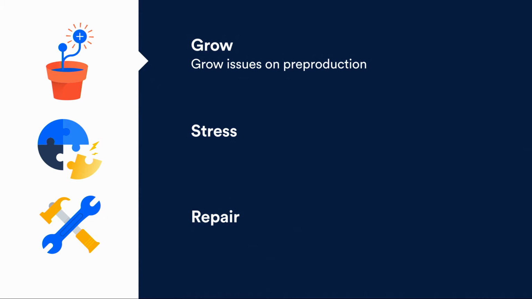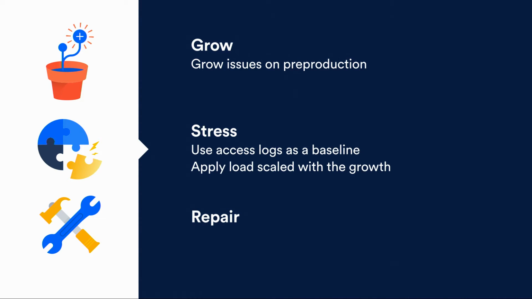The initial production data was the starting point, which we took and simulated a year of growth by inflating the issue count with our issue inflation tool. Then we took the access logs from production and parsed them to find a representative initial virtual user configuration.